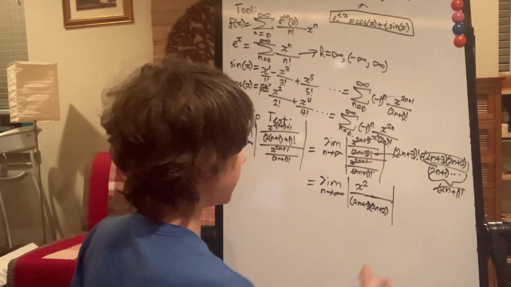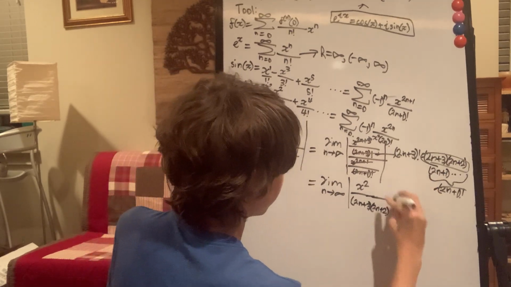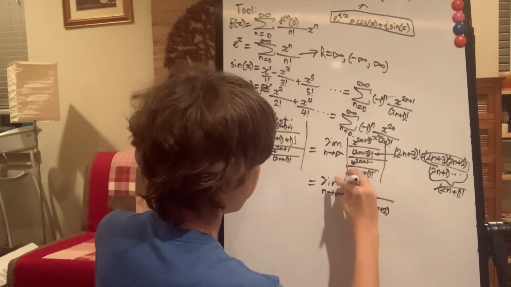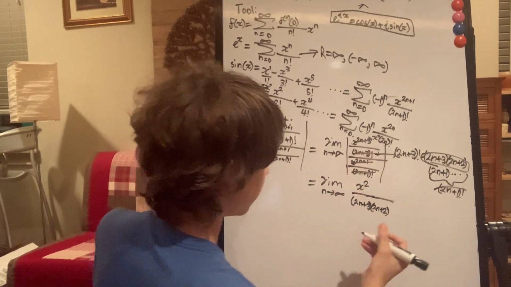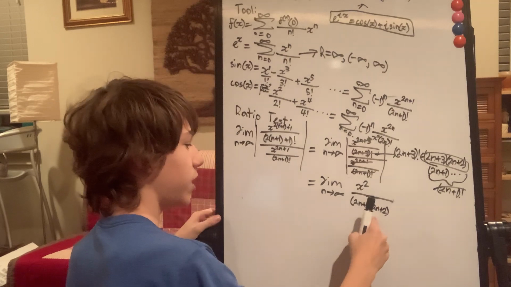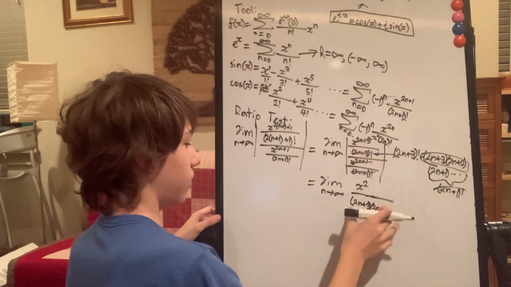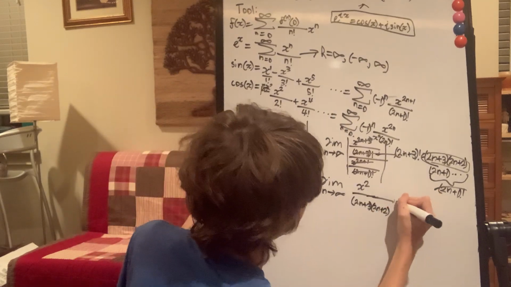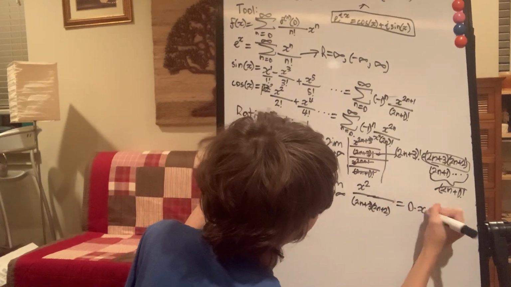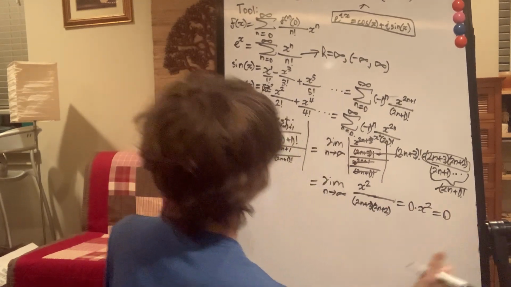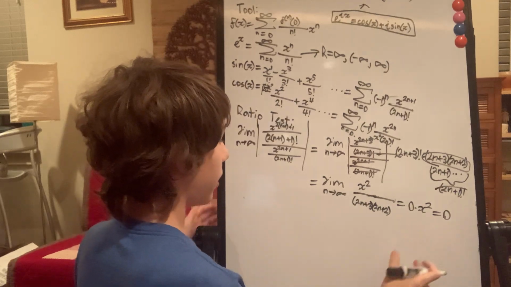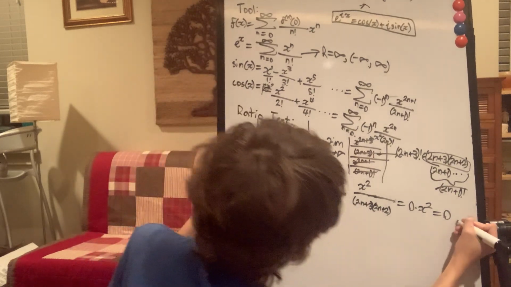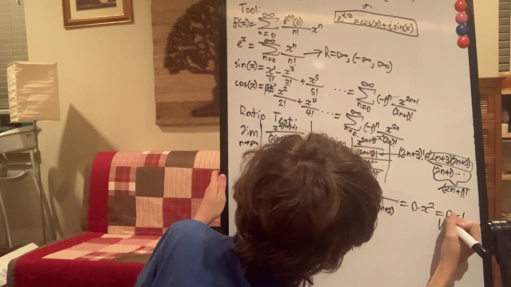Already it's pretty easy to see that we can just remove the absolute value. This is always positive. And this denominator, if you pull that out, the limit of that is 0, so this equals 0 times x squared, which is always 0. So again, no matter what, this is always going to be less than 1, for all x.